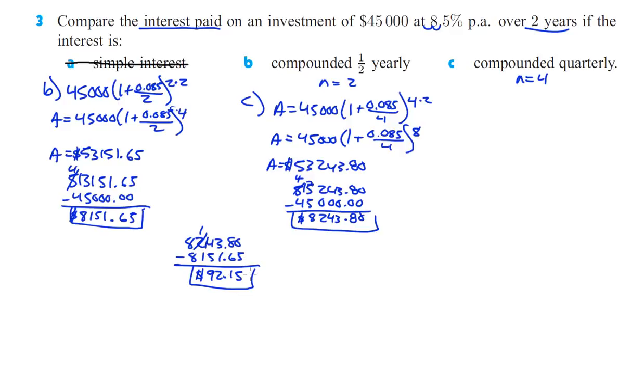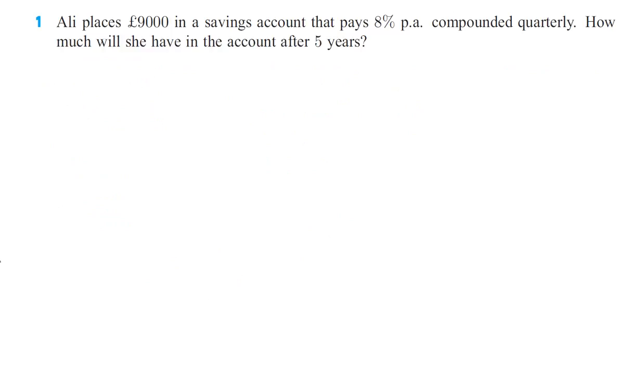So hey, 92 bucks is pretty good, but not a really big dramatic difference considering you originally invested $45,000 and it's over 2 years. It's a difference of $92. All right. Okay, moving on.